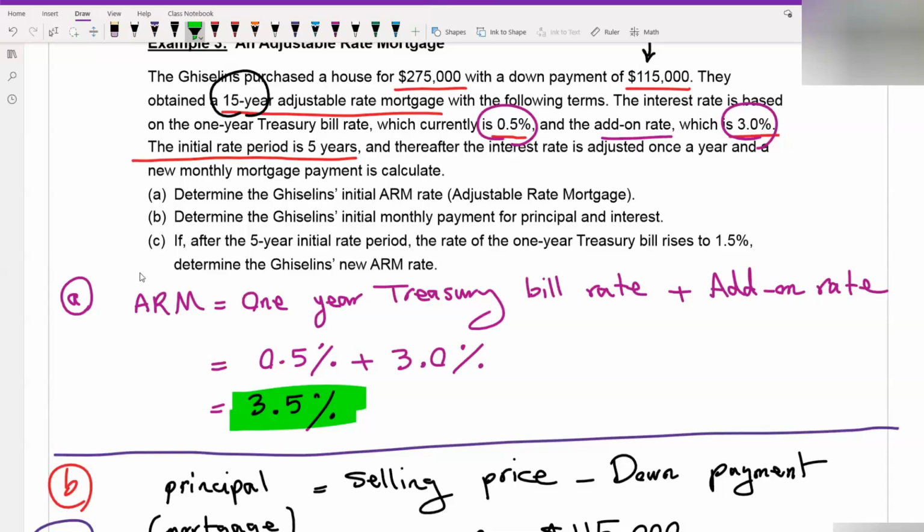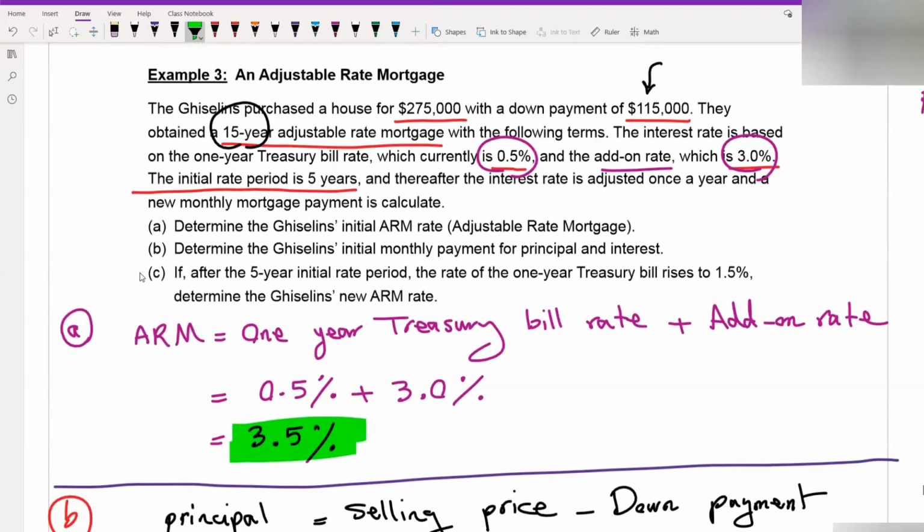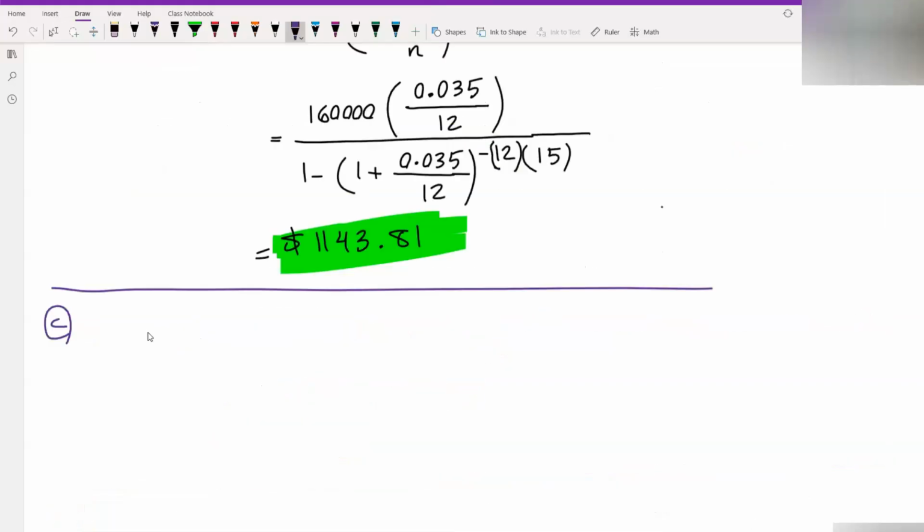If after the 5-year initial rate period the rate of the 1-year Treasury bill rises to 1.5%, determine the new adjustable rate mortgage. So for C, it's exactly the same as part A, but we changed the Treasury bill rate.